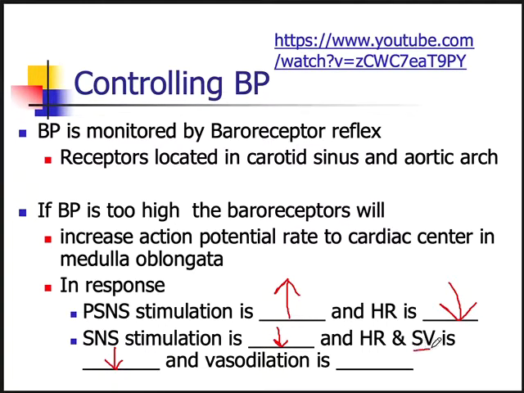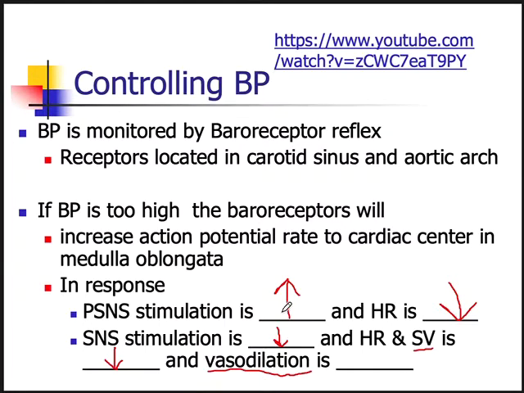And then vasodilation is a special case, right? So stroke volume and vasodilation also get controlled by the sympathetic nervous system. So that's unique, different from parasympathetic, right? The only thing the parasympathetic nervous system stimulation is doing is heart rate, right? So when you increase parasympathetic stimulation, you decrease the heart rate.